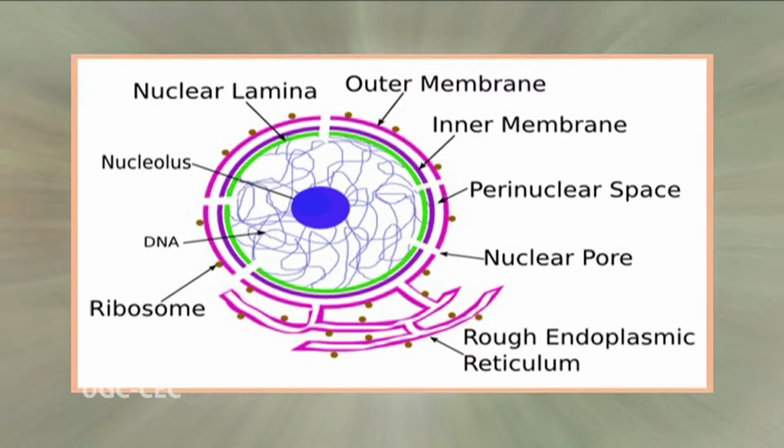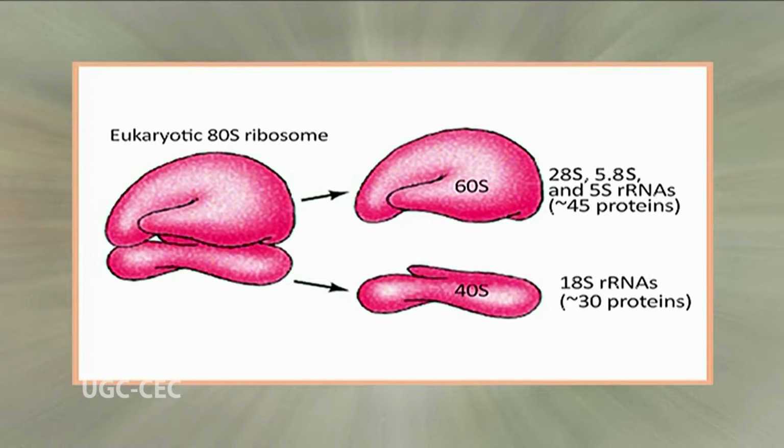The nucleolus, which is not surrounded by a membrane, is associated with the chromosomal regions that contain the genes for the 5.8S, 18S and 28S rRNAs. Ribosomes of higher eukaryotes contain 4 types of RNAs designated as the 5S, 5.8S, 18S and 28S rRNAs.